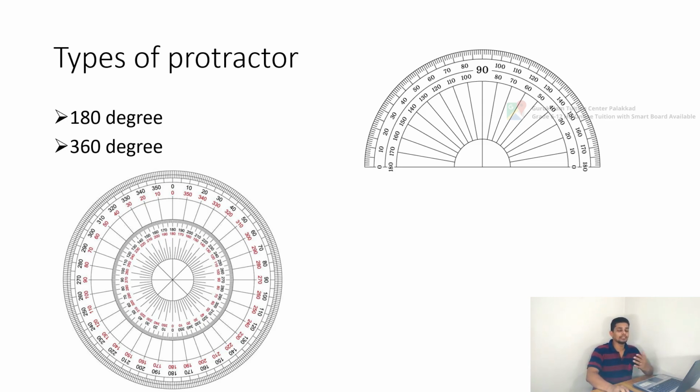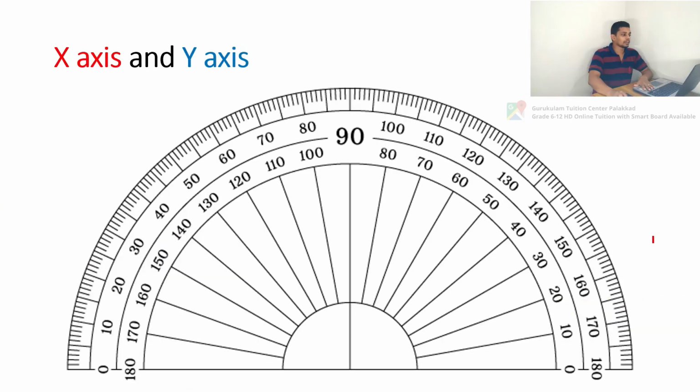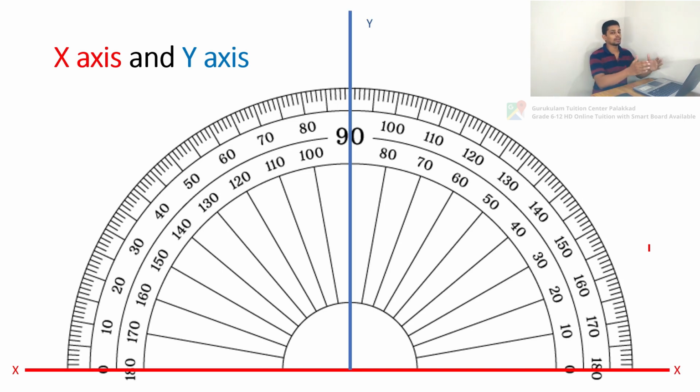Just like the name indicates, the maximum value of angle we can measure with this kind of protractor is 180 degrees. This is a 180 degree protractor, and we have two axes here. This is the x-axis, and we have the y-axis which passes through the 90 degree of the protractor.